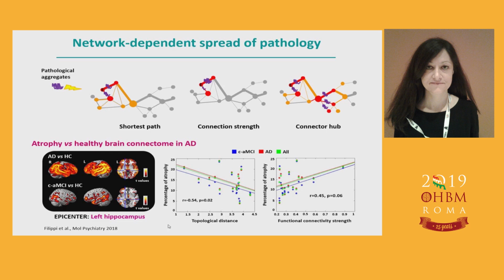So the shorter the distance between a region and the hippocampus, and the higher the connection between the region and the hippocampus, the greater is the atrophy of that region in patients with Alzheimer's disease, suggesting that the path and the strength of connections are two features able to modulate the progression of the disease.